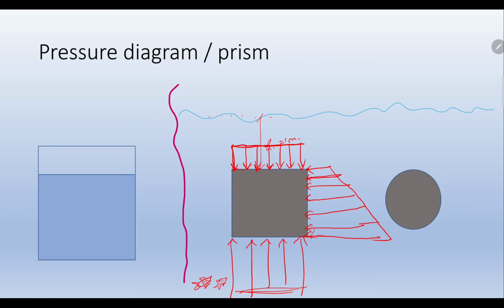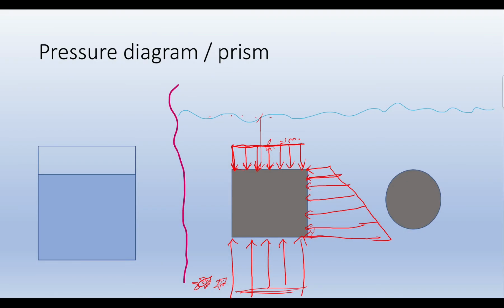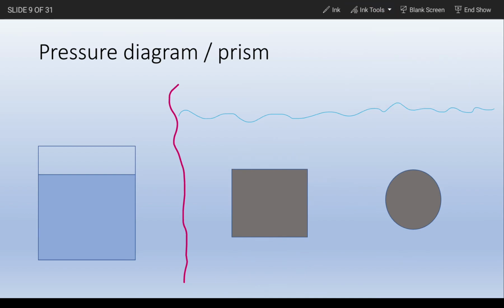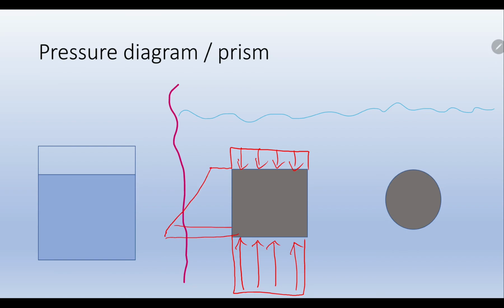Let me just rub it off. Otherwise, if I draw it, it is going to be like this. This is very long. And on the side, it is going to be like this, and also on the other side over here as well.